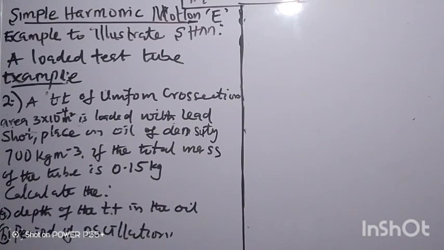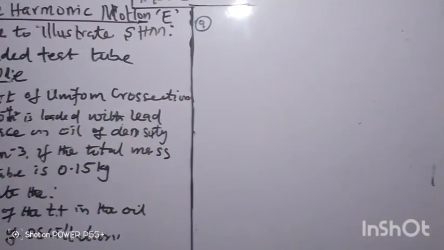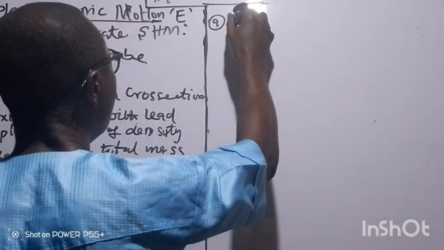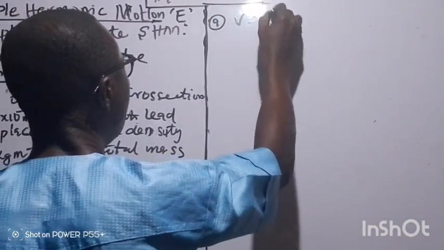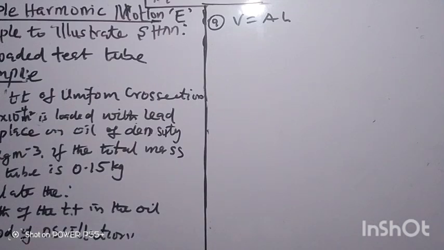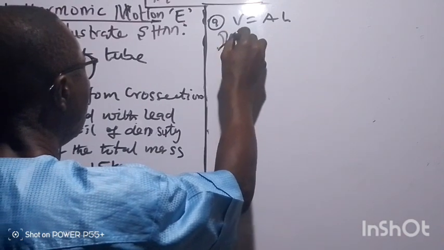Now, from this question, like the one we calculated the other time, we have to calculate length. And we know that volume is equal to area multiplied by length. That is, the depth of the test tube in the liquid is the same thing as length. But now volume is not given. So we still need to calculate volume by saying density of the oil is equal to mass over volume.